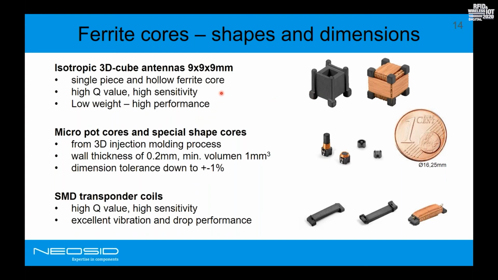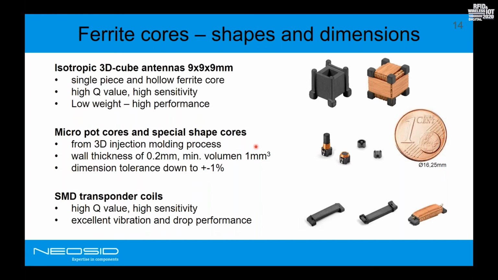We don't have any additional materials, which has the advantage that we get high Q values and have a high sensitivity. And because of the hollow cores, we get a low weight in combination with a good and high performance.